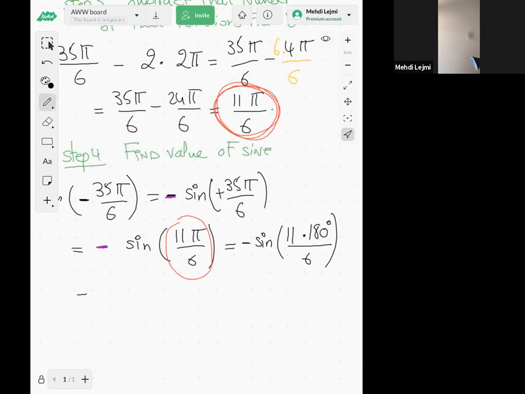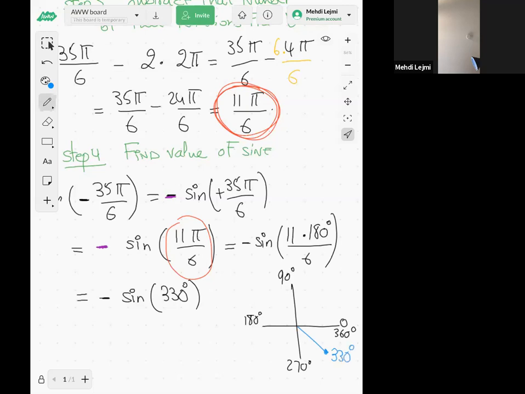So this is actually negative sine of 330 degrees. So where's 330 degrees? Well, let me remind you: this is 0, 90 degrees, this is 180 degrees, this is 270 degrees, and after a full rotation you have 360 degrees. So 330 is in the 4th quadrant.